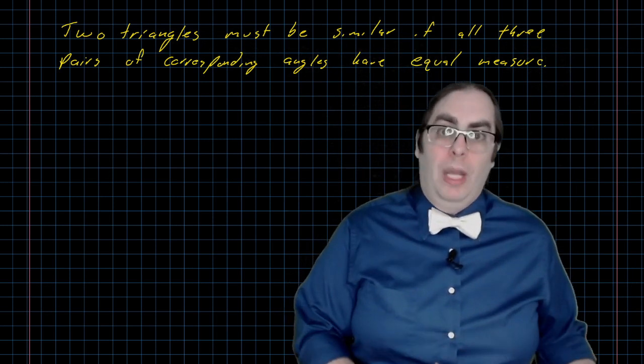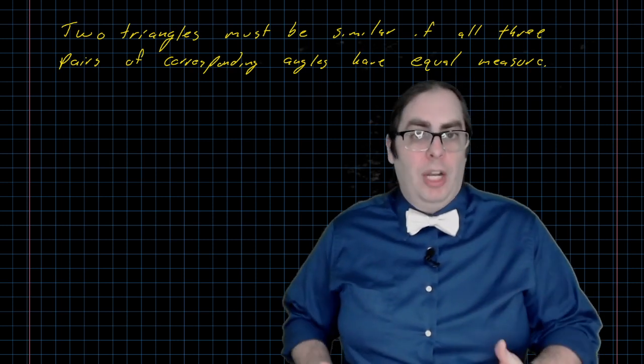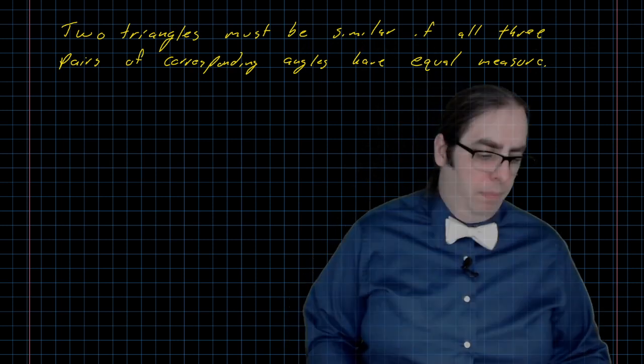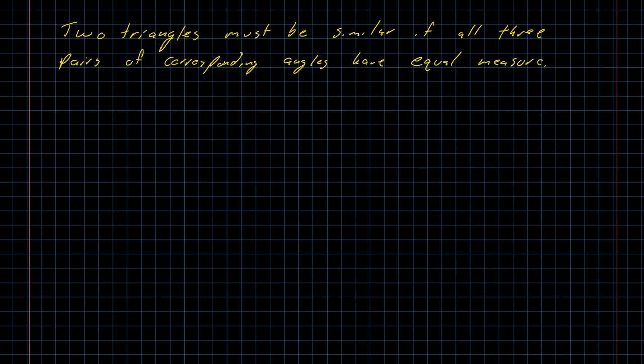And so if the two angles are the same, the third angles must be the same as well. We can simplify this requirement. Two triangles must be similar if at least two pairs of corresponding angles have equal measure.